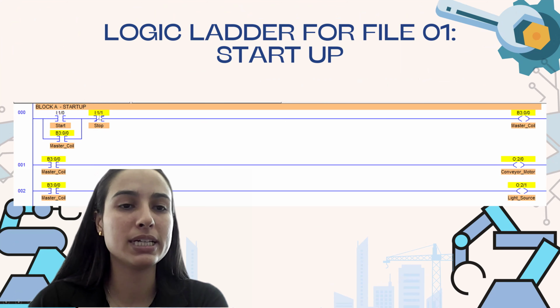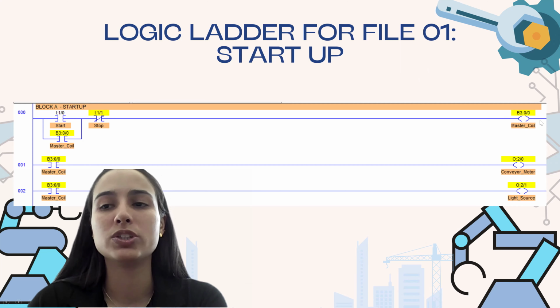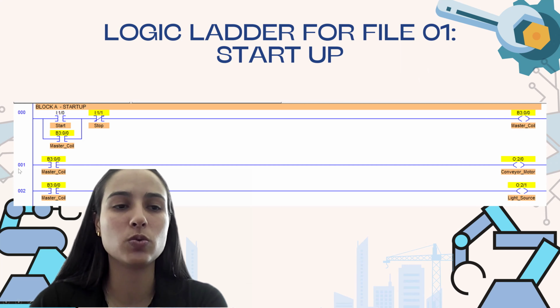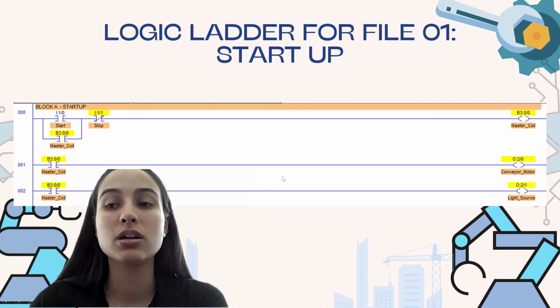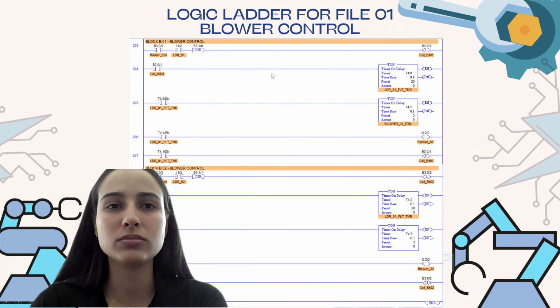The stop is normally closed, and my output will be the master coil bit, which will create the memory. Therefore, the next row, which is 001, will be my input to activate the conveyor motor, which is the output. Also, this master coil activates the light source.